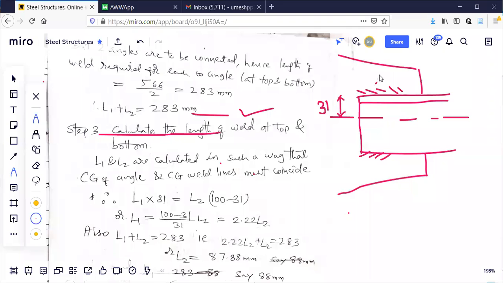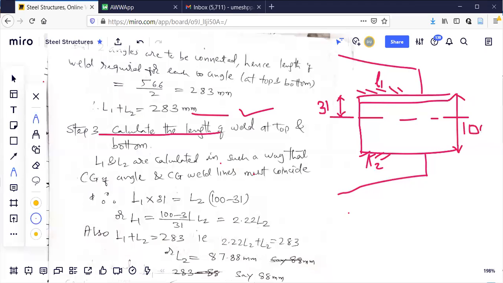You can see this is L1, and this is L2. So L1 into 31 is equal to L2 into total minus 31. Total is 100, the total angle size, the vertical leg from this to this.